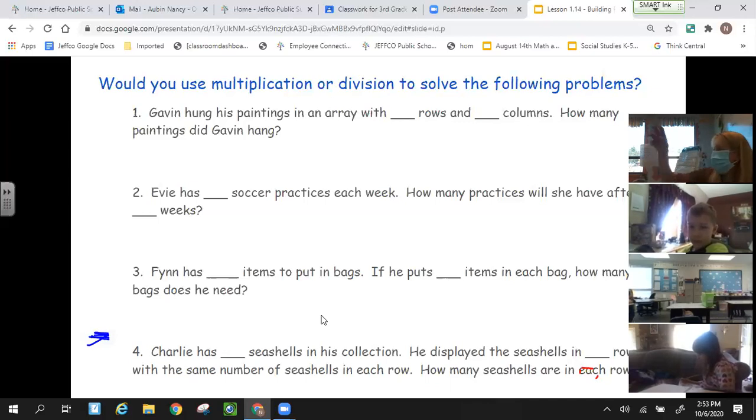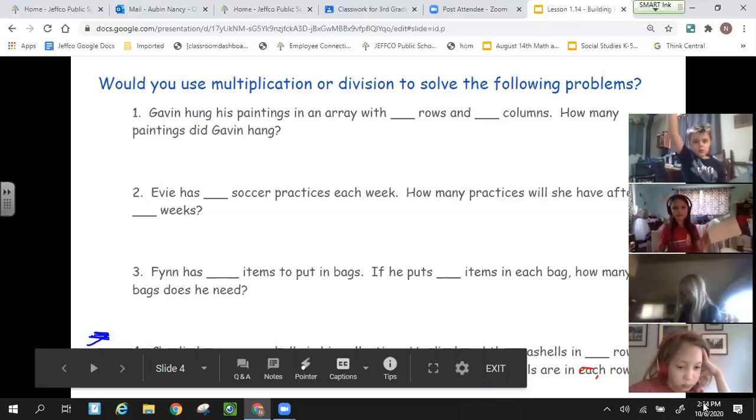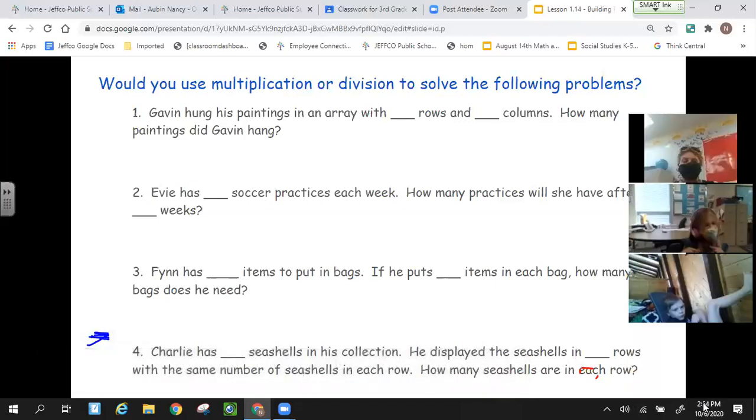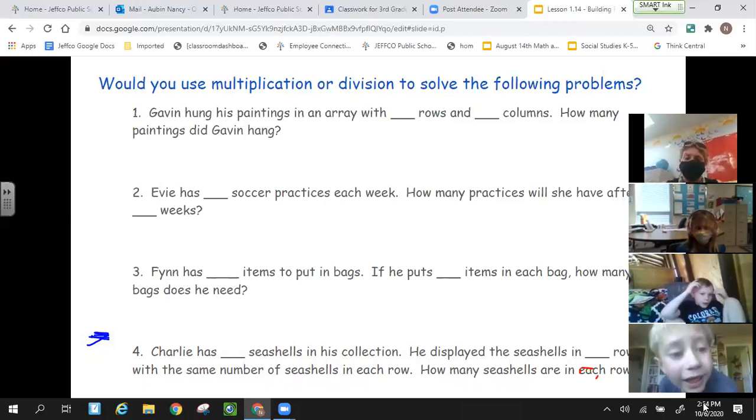Try to visualize what is happening. Anybody at home want to share? All right, Jensen, what are you thinking? I think it's division. Give him a thumbs up if you agree. He says division.